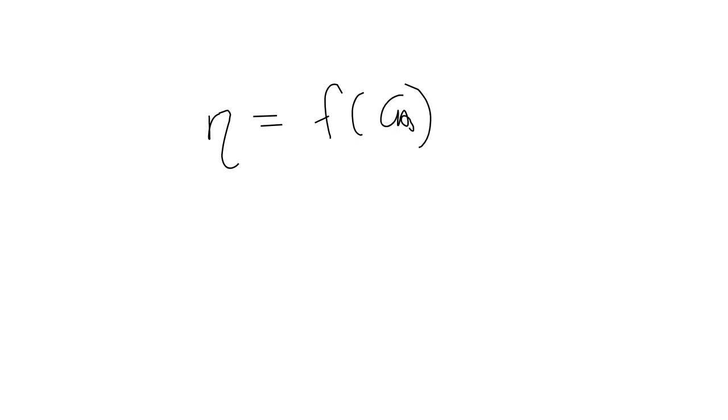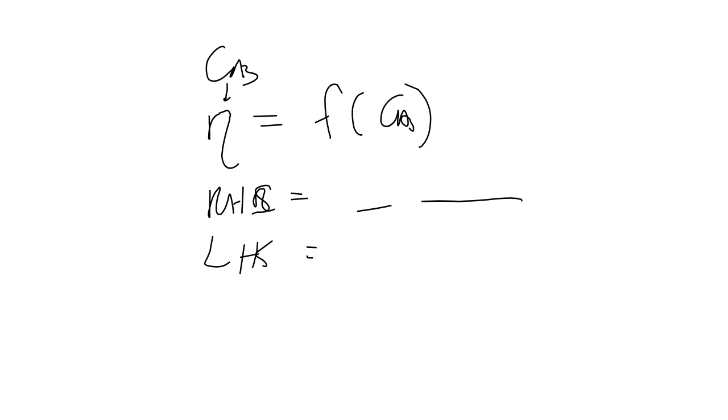So given my CIS, I calculate eta in my function. Then I have the right-hand side of my equation, equal to some function, and the left-hand side equal to some function. And I return left-hand side, oh my word, minus right-hand side.